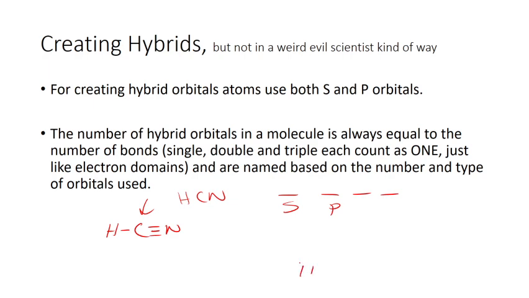And if we count on our hand here, we have 2 bonds that need hybrid orbitals. So we count 1, 2. And here we count 1, 2. So in this case, the hybridization of carbon is just sp, because we've only used our s and one of our p's.